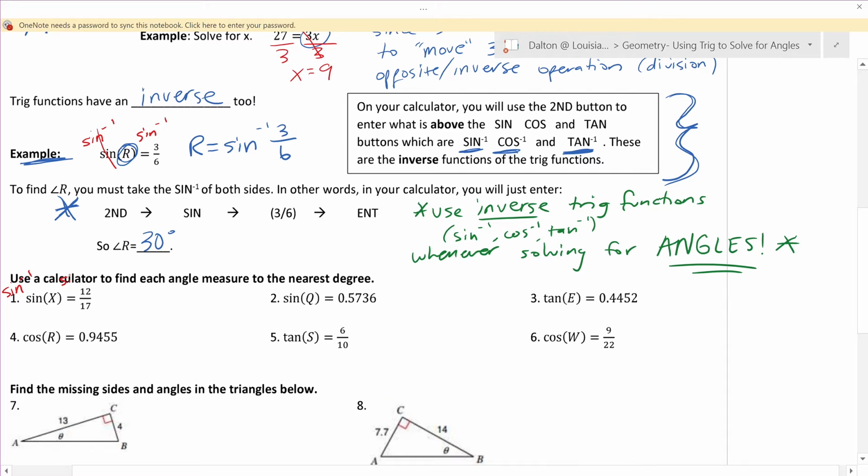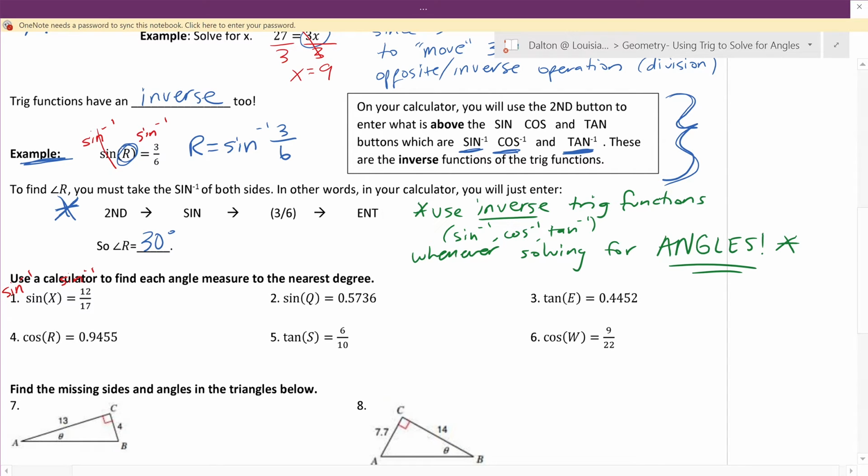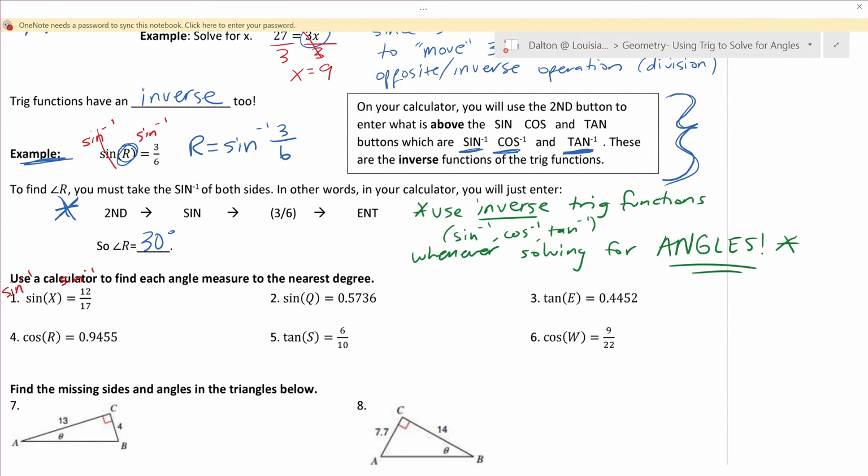It's kind of like dividing both sides or multiplying both sides, except you take the sine inverse of both sides. When that happens, you get x by itself. So x is equal to sine inverse of 12 over 17. It says round to the nearest degree. So in your calculator, you're going to hit second sine 12 over 17. And you should get that x is approximately 45 degrees.